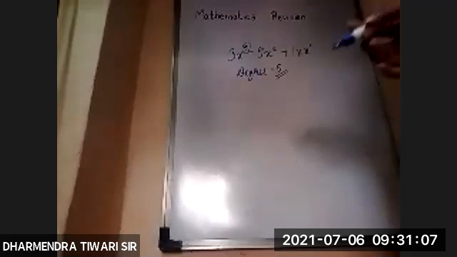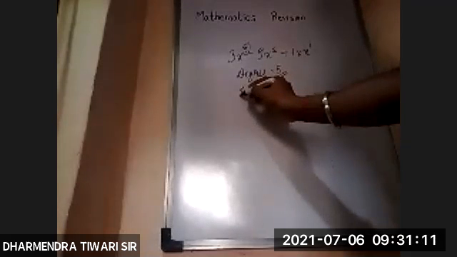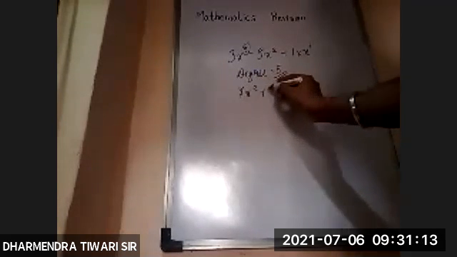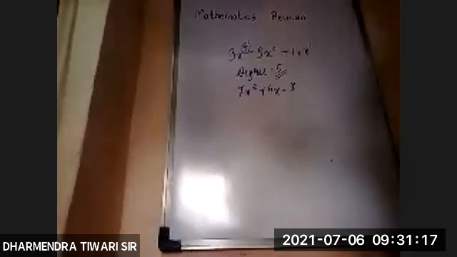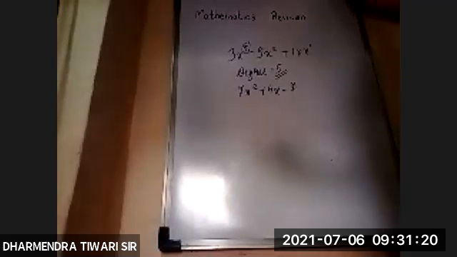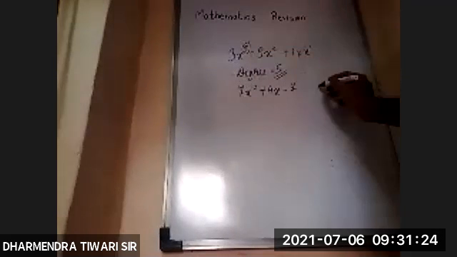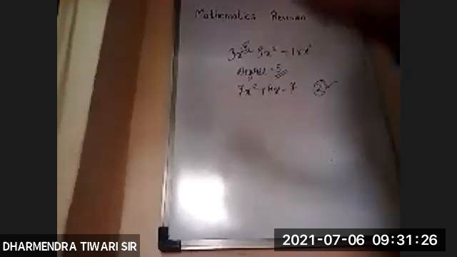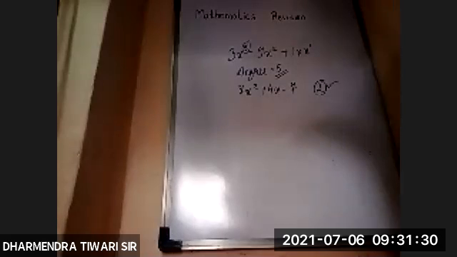One more. If we're having say 7x square plus 4x minus 7, then also we can see that the highest index present in this is 2, so the degree is 2. Done. Okay. So this was based on degree.